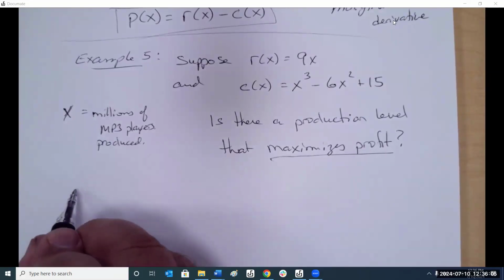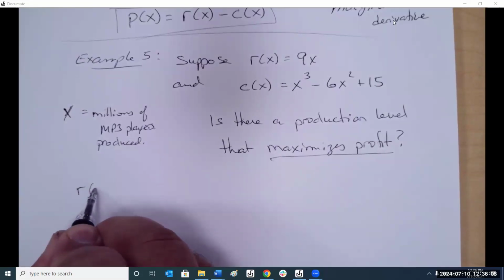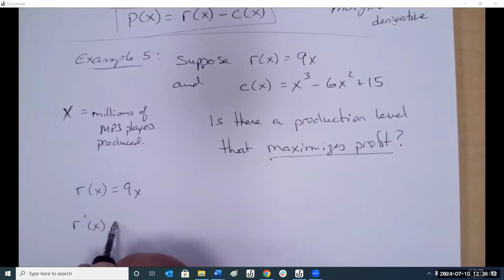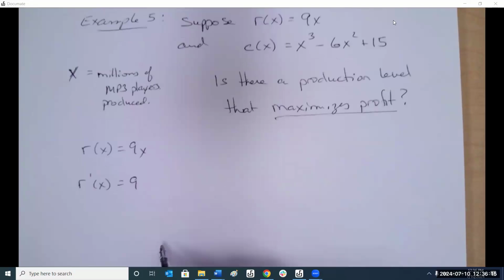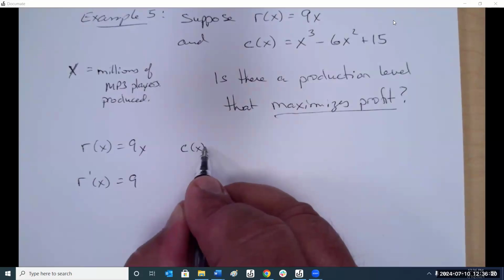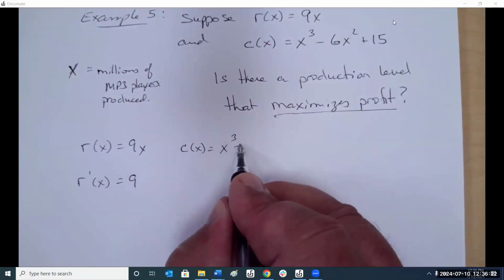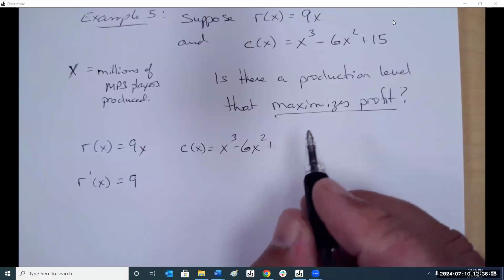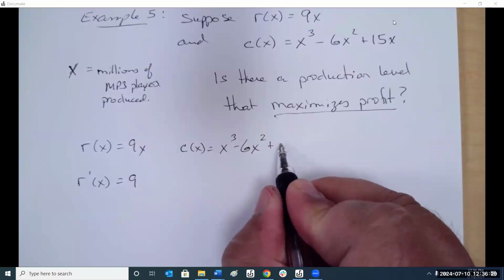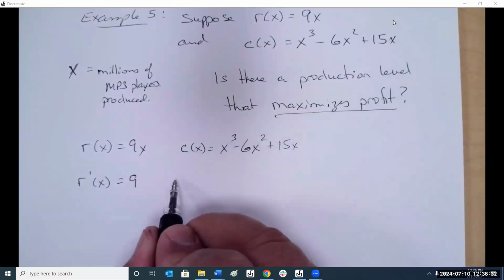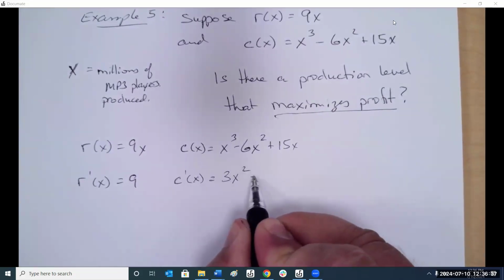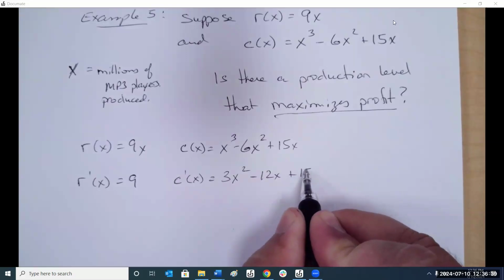So we have R of x is equal to 9x, which means R prime of x is equal to 9. The cost function is x cubed minus 6x squared plus 15x. So the marginal cost is 3x squared minus 12x plus 15.